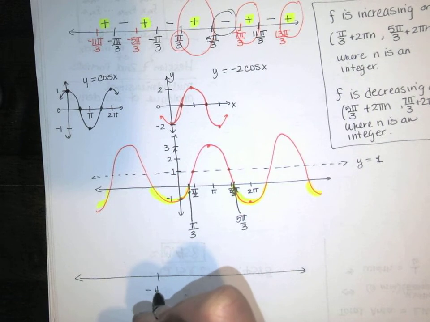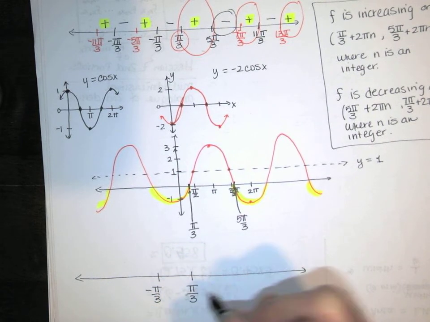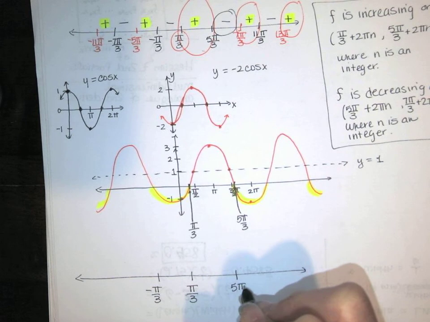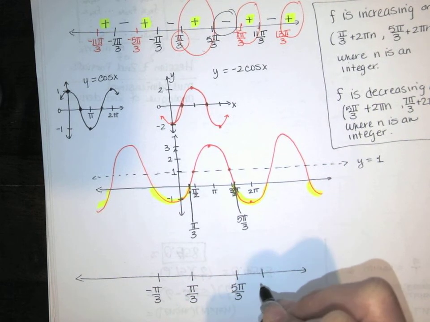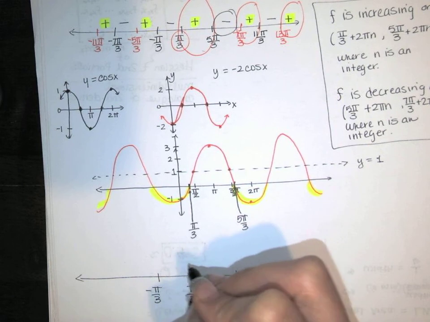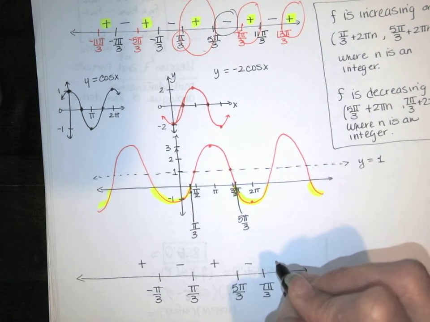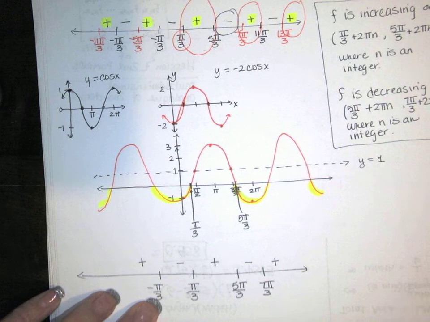So I've got negative pi over 3, pi over 3, 5 pi over 3, and then 7 pi over 3. And the pattern repeats. And that was negative, positive, negative, and there's a positive and a positive over there.